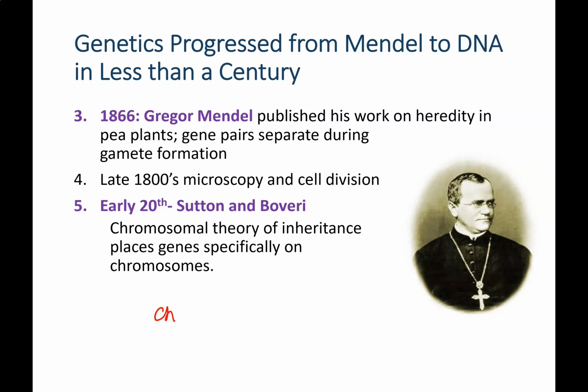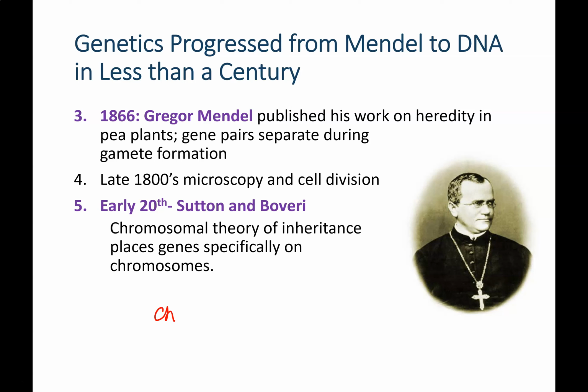Continuing on into the late 1800s, microscopy gets better, and we start to see evidence of cell division. Taking all of these things together, a couple of scientists named Sutton and Boveri put together the chromosomal theory of inheritance.